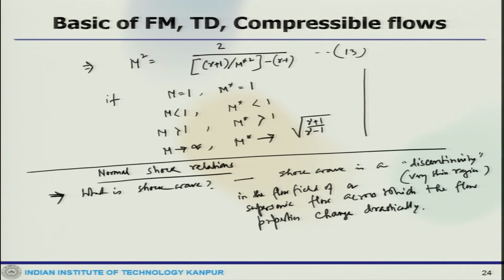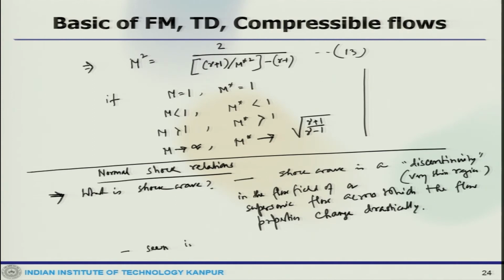So, this means it is a discontinuity in the flow field which is of a very thin region, of the order of 10 to the power minus 5 or 6 centimeter, depending on the geometry and the condition in a supersonic flow, across which the flow properties change drastically.